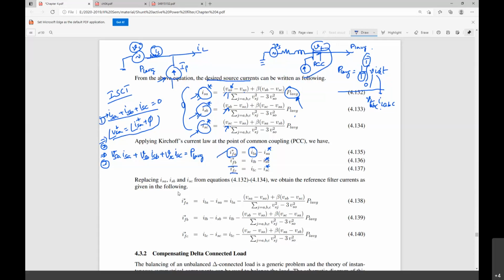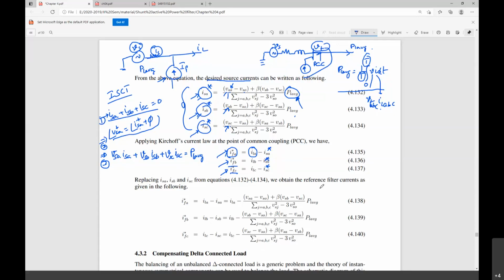Once after finding out these, we can generate the filter currents. You can use the hysteresis current control technique in order to generate this particular IFA star, IFB star and IFC star also.